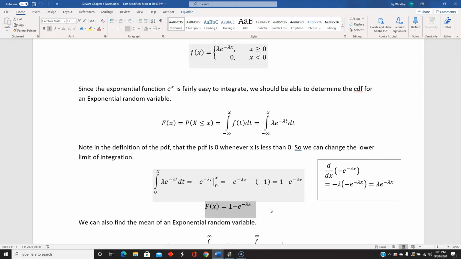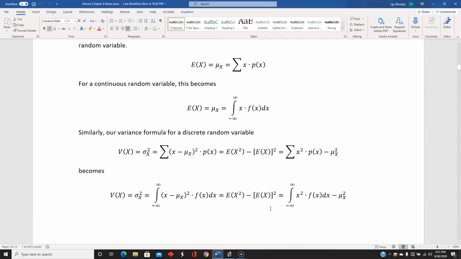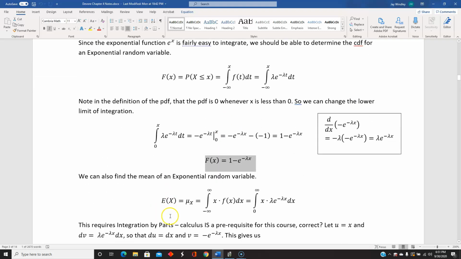You can also use integration to find the mean. Remember, we were talking about this formula up here for the mean involving integration. So we'll integrate x times the PDF. So x, lambda e to the negative lambda x. And again, we would normally do that from negative infinity to infinity, but our function only lives from 0 to infinity. So we'll do that integration.